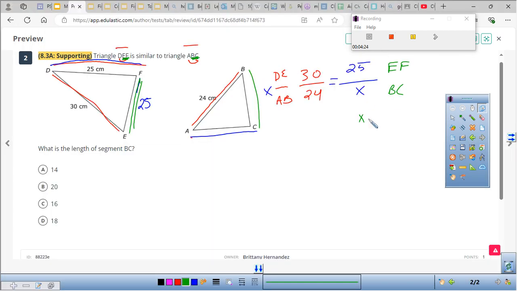So right here, X is equal to 20. It should be this one if they worded it right.